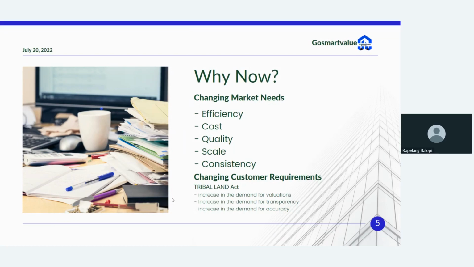So it is absolutely essential that each property is treated with consistency, even when it is for compensation of land, because one of the key things brought about by the Tribal Land Act is that compensation for expropriation will also be done on the basis of open market value. So the reason why the automated valuation conversation is important now is that we actually need it as a nation at this point in time.